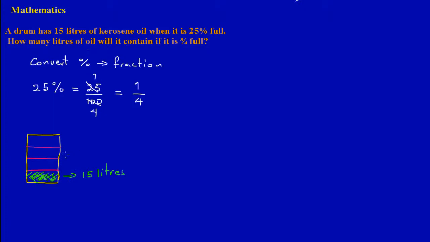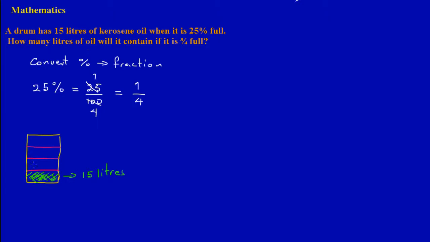Now really they are asking us how many liters of oil it will contain if 3/4 of it is full. By looking at it by intuition, it would suggest that if I have 3 of these filled, we can work out how many liters that will be. Let's try that quickly and see what we get.